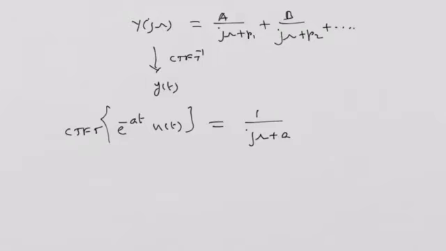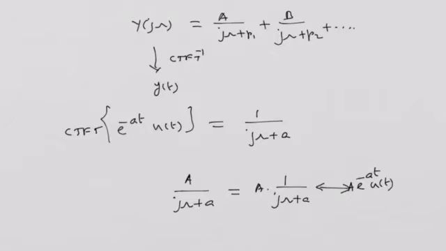If so, you can simply relate: whenever you get a divided by j omega plus a, it is simply a into 1 divided by j omega plus a. If you apply the inverse Fourier transform, it should be written as a into e power minus at u of t.